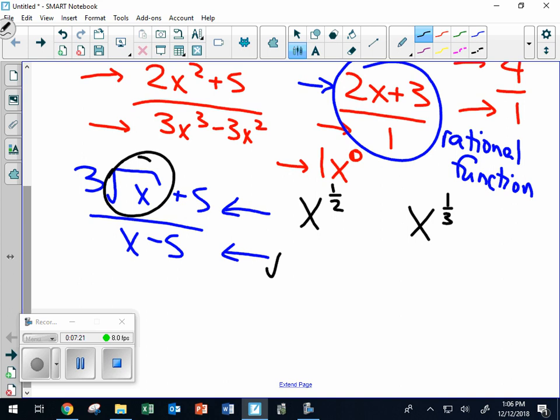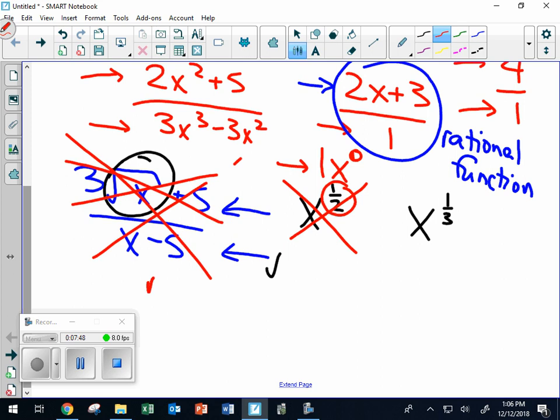That would be a cube root. So here we have 3 times x to the 1/2 power. Can we have a fraction in our power if we have a polynomial? No, definitely not. Because we have a fraction, that's not a polynomial, which means this is not a polynomial. Exactly, this is not a rational function.